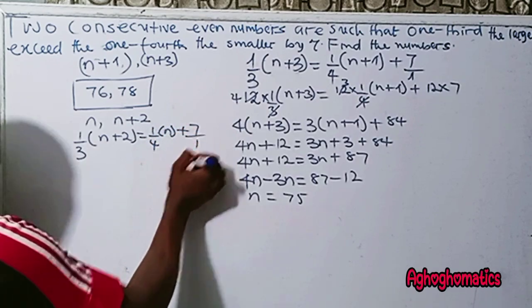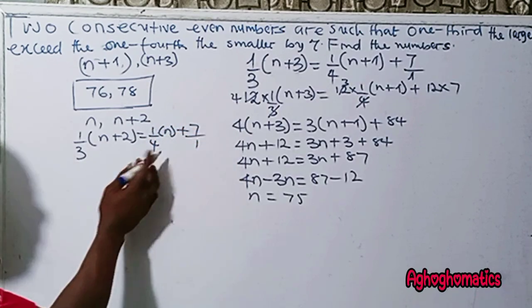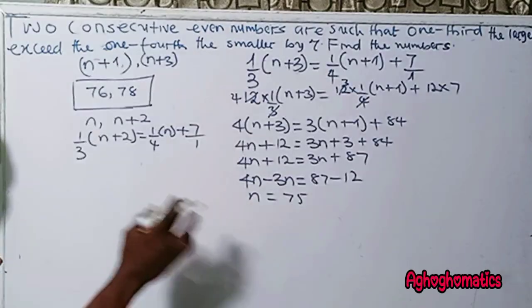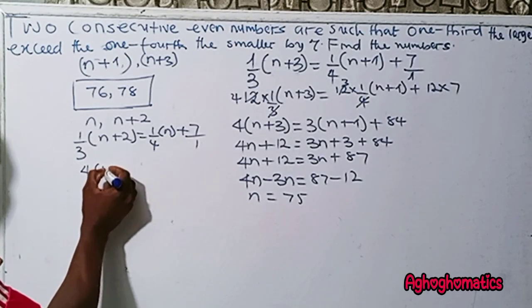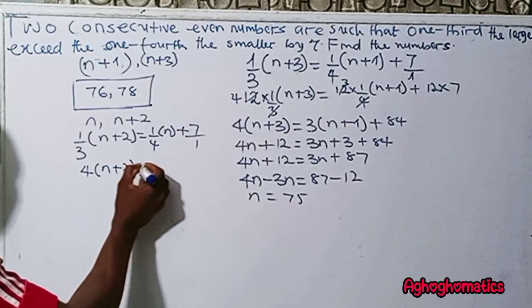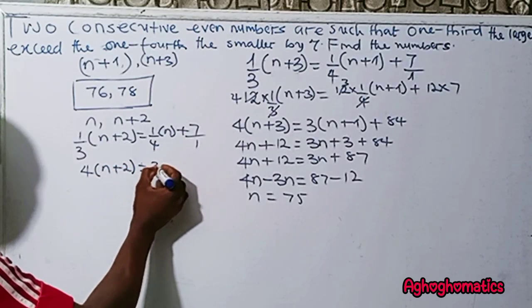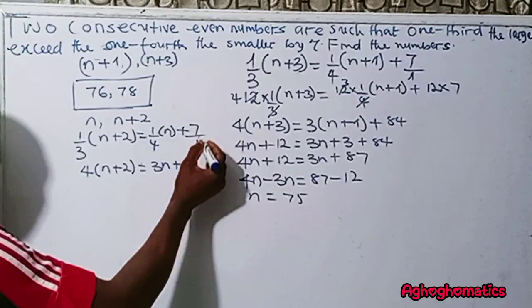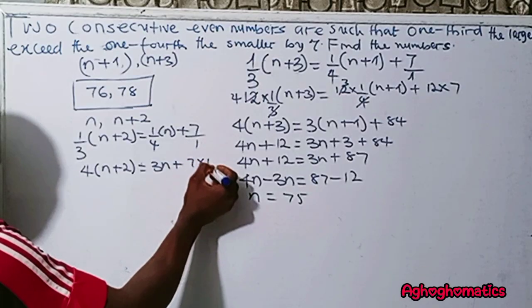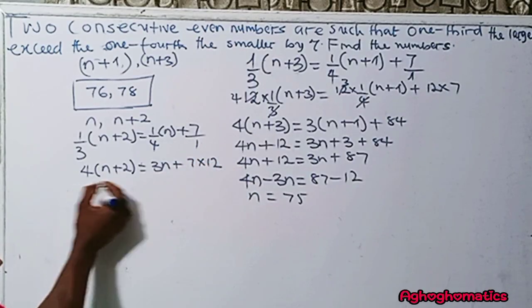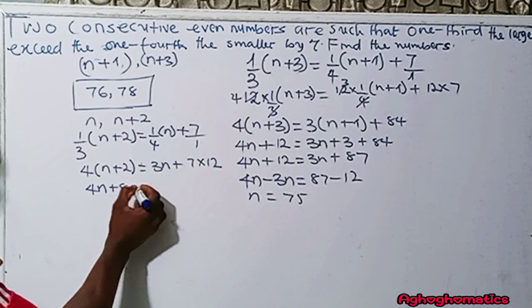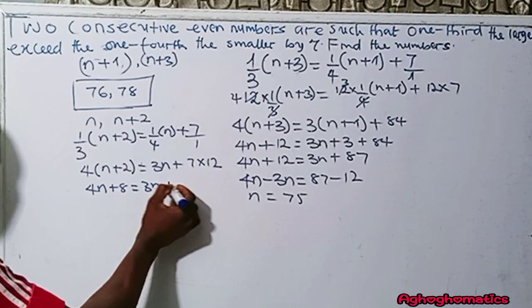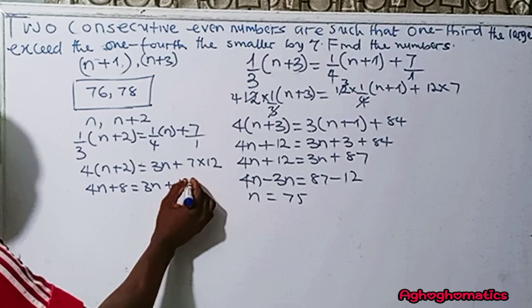So we also do the same thing by multiplying through by the LCM, which is 12. So 12 here, this becomes 4 into n plus 2. Here will become 3n. Here will become 7 multiplied by 12. So if we open the bracket here, this becomes 4n plus 8 equals 3n plus 84.